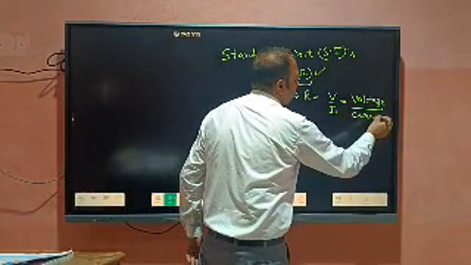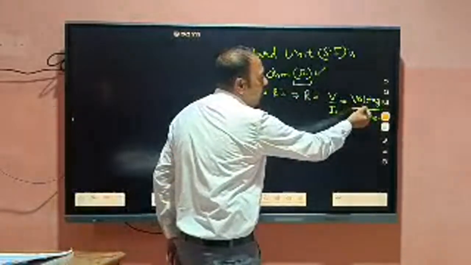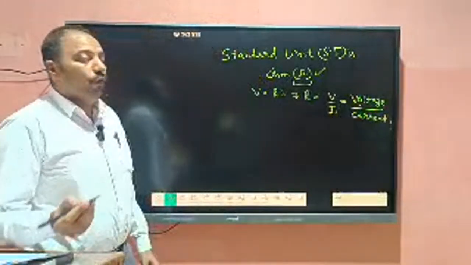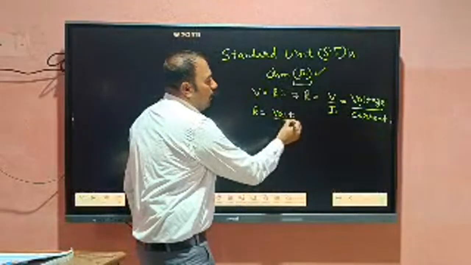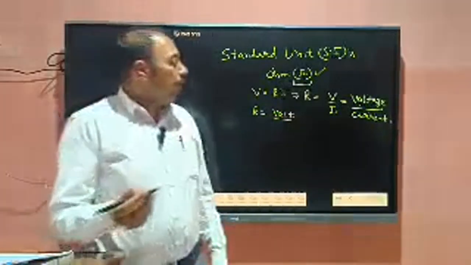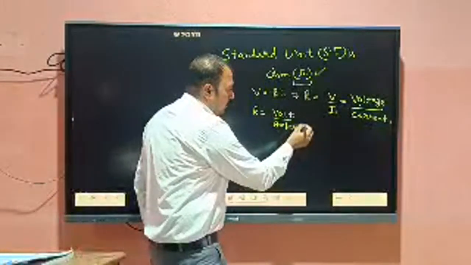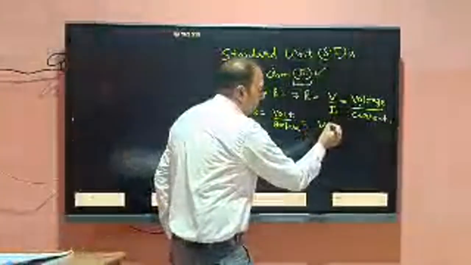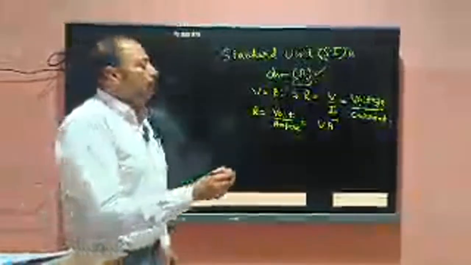So resistance is defined in terms of voltage and current, and the SI unit of voltage is volt, and the unit of current is ampere. So we can write volt per ampere, and this volt per ampere is known as ohm.